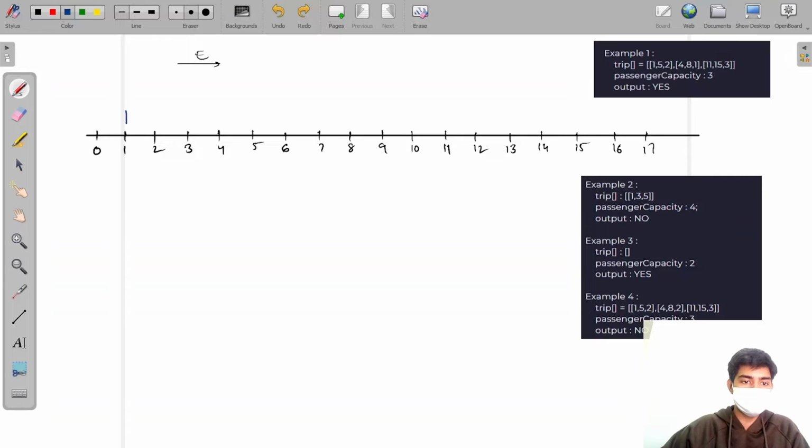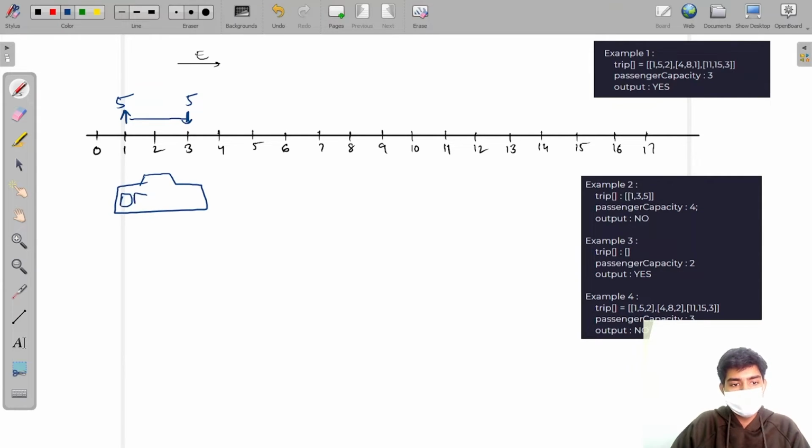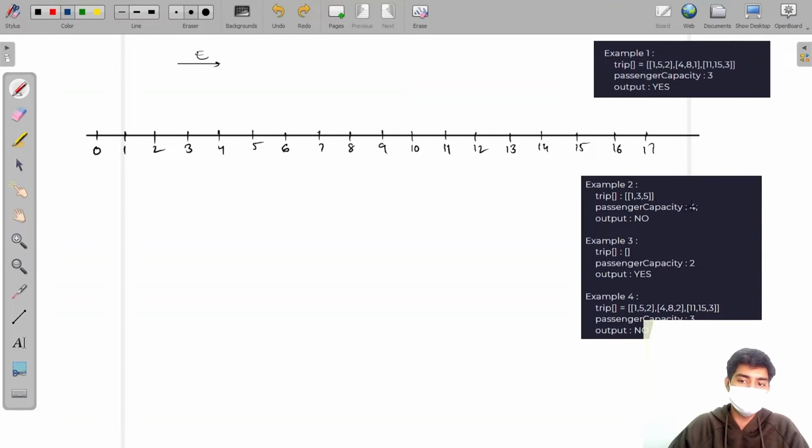I pick up five passengers at 1, and I drop off these five passengers at 3, right? But my car only has four seats: one, two, three, and four. So it cannot pick up five passengers. This is not a valid case because I have five passengers and only four seats available. So I will return no for this case, because the passenger count is exceeding my passenger capacity.